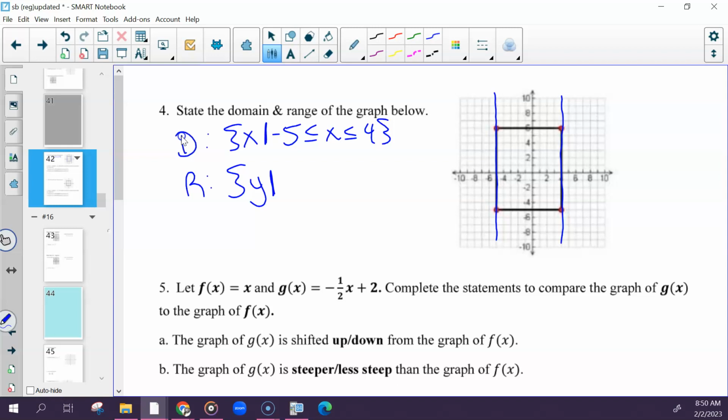And then lowest and highest would be at -5 and 6. So both your domain and range should look like this. Questions on that one?